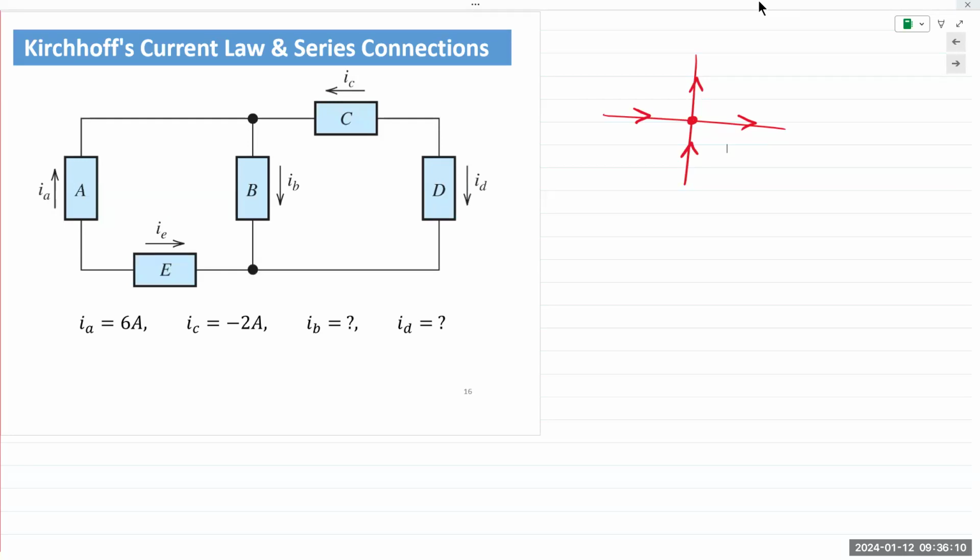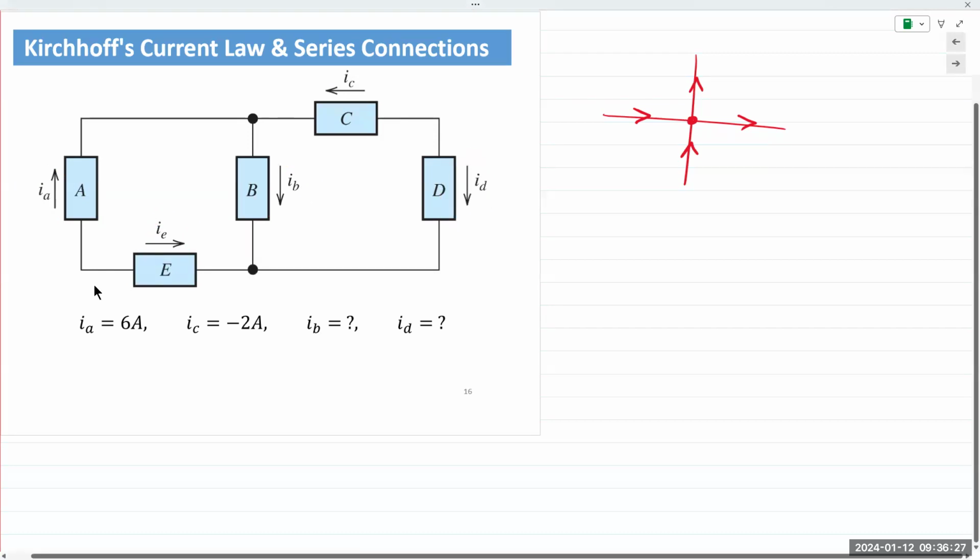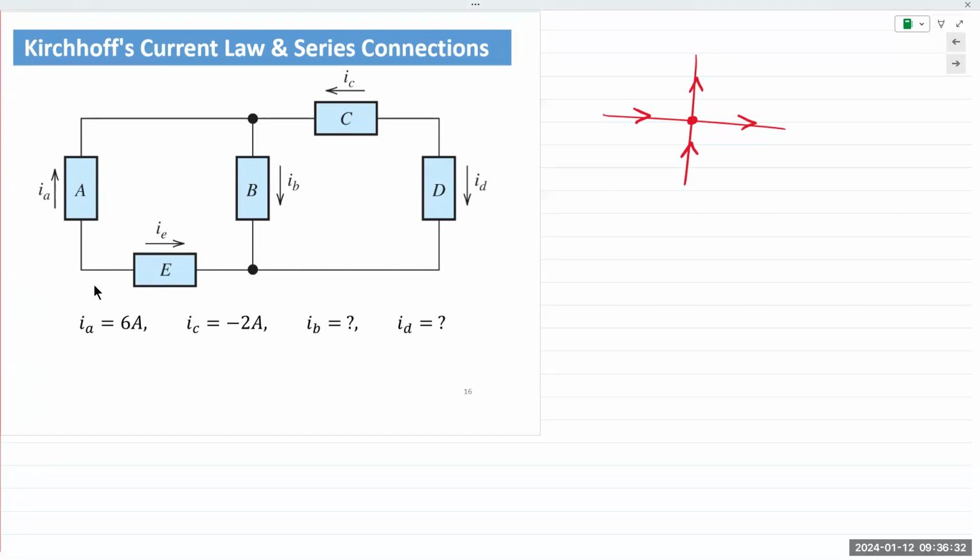So in this example, we are given IA as 6 amps right here. IC is given as -2. ID and IB are unknown. And so is IE. So let's solve for that. Okay. Now, IC is given as negative, but you do not want to go in and try to change the direction of the current.